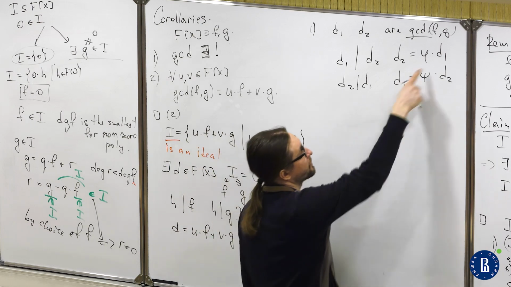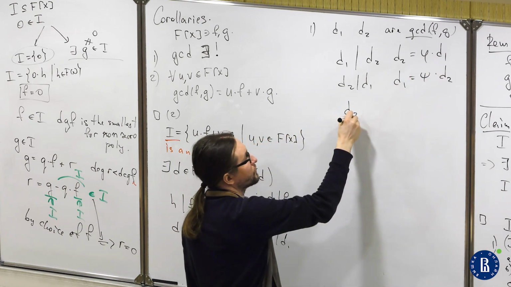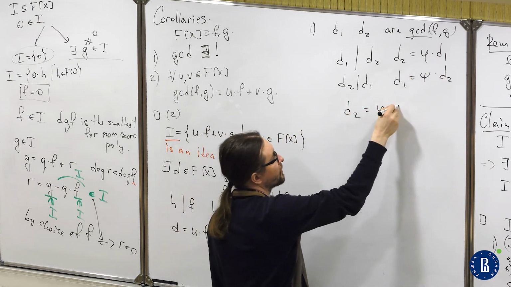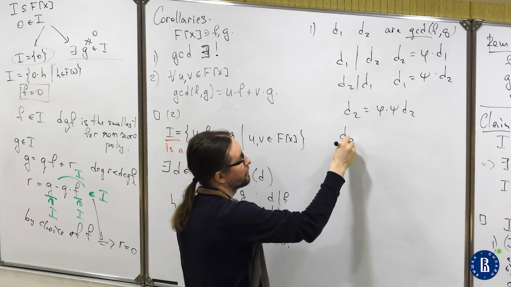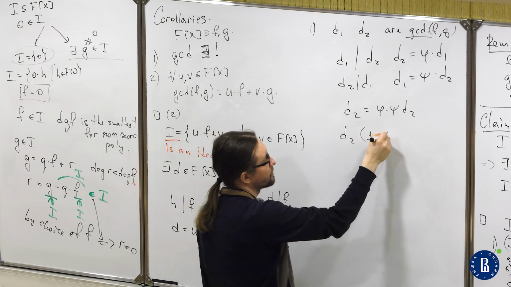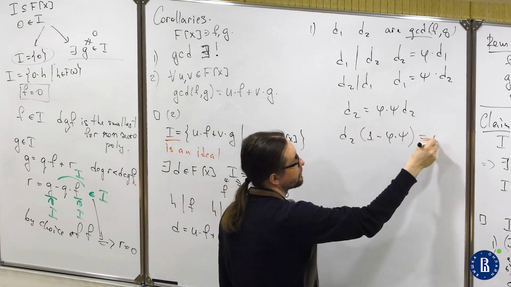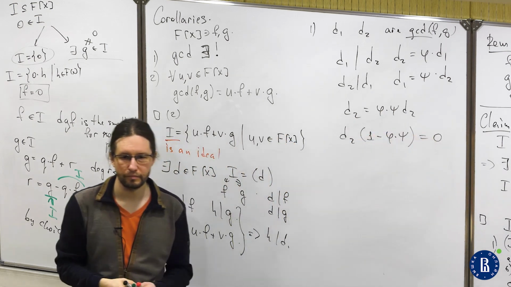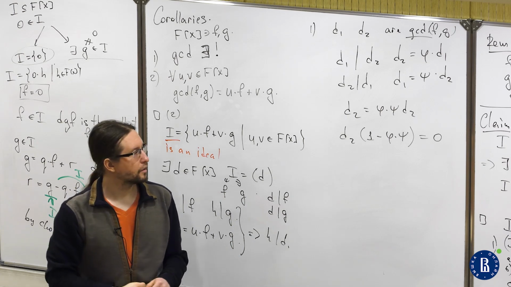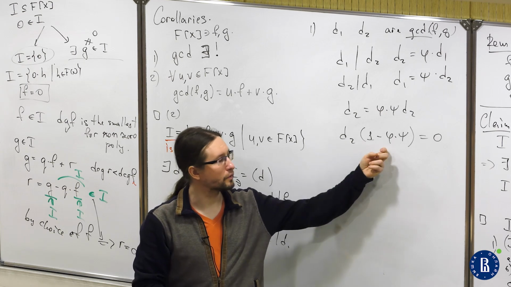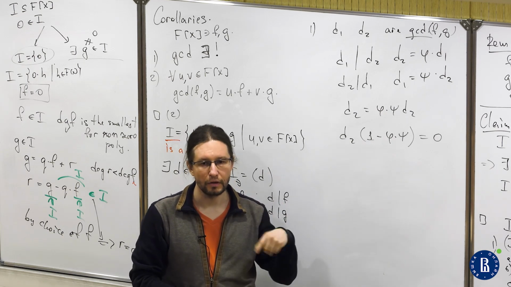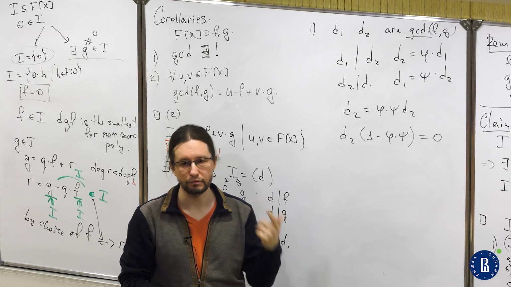So d1 must be psi times d2. Now we can substitute this into here, and we will get d2 equals phi times psi d2. Then we can move everything to the left and write d2 times (1 minus phi times psi) equals 0. But now, this may happen only in case one of the polynomials is 0. Why? Because we have a property for the degree.